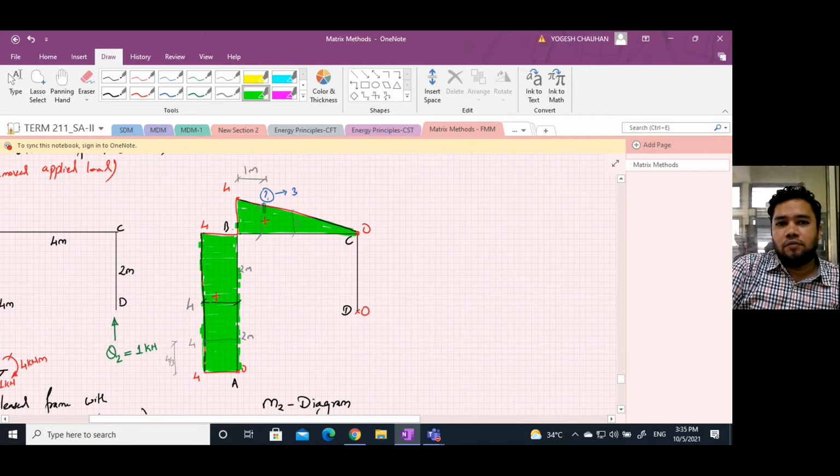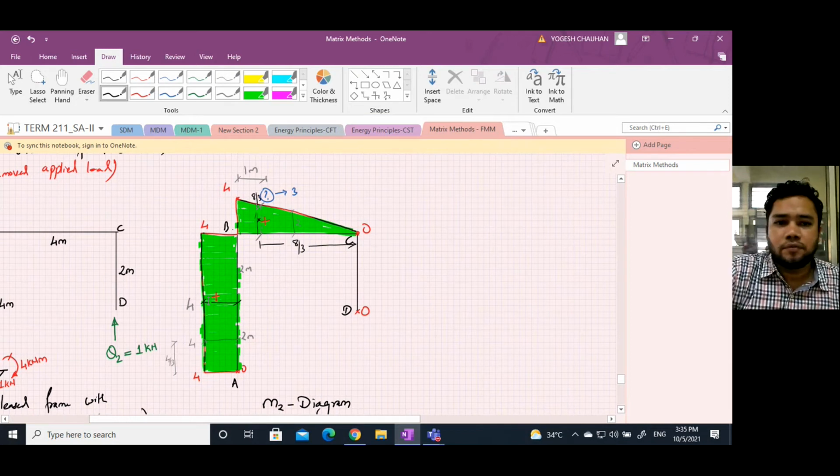So ordinate here will be 8 by 3. At the CG, let us say this is the CG. So CG is at a distance of 8 by 3 from C point. So the ordinate corresponding to that CG will also be 8 by 3, and here CG ordinate will be 4.